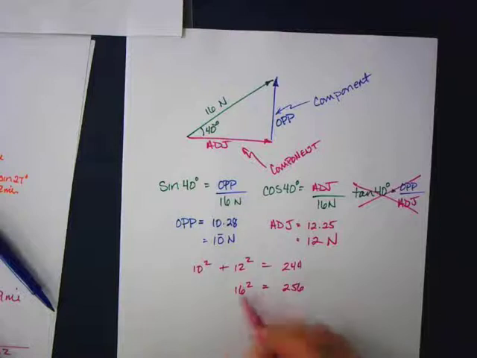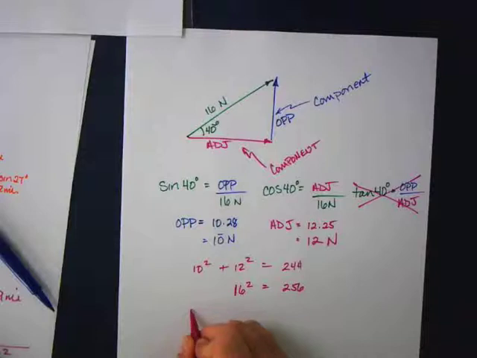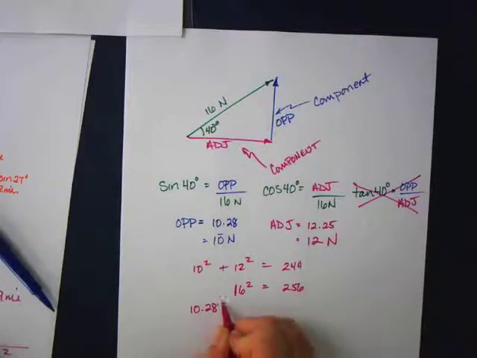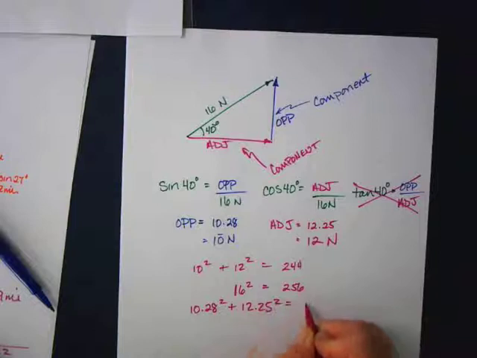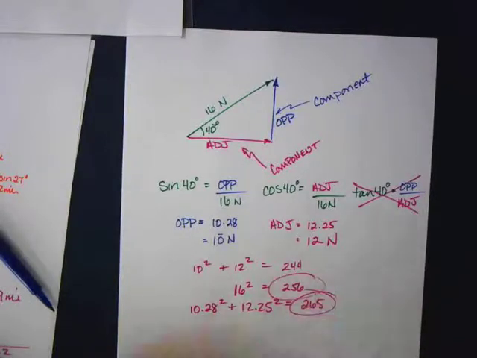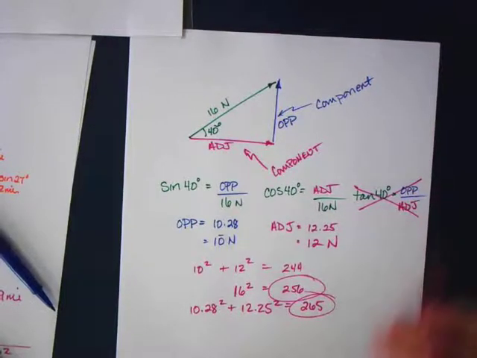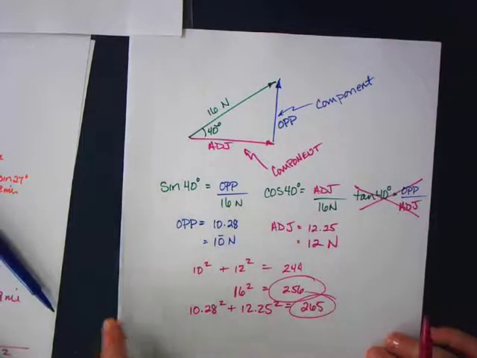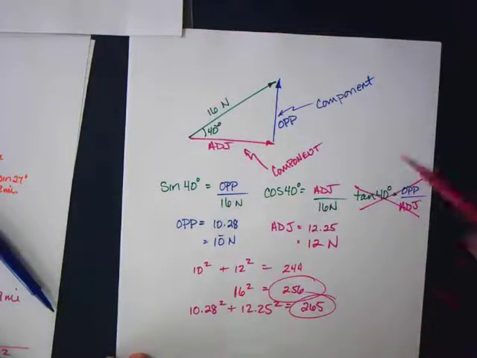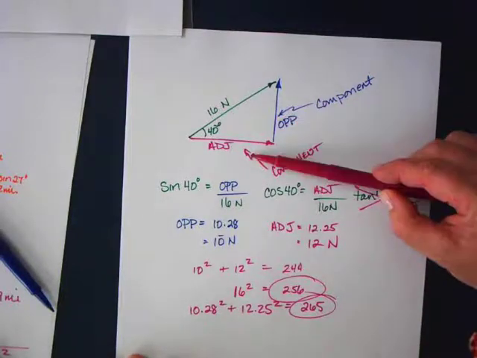When you square root 244, you come pretty close to getting 16 again. But watch what happens when we keep a couple extra decimal places around: 10.28 squared plus 12.25 squared equals 256. So just as an illustration, sometimes trig functions can throw things off just a little tiny bit.